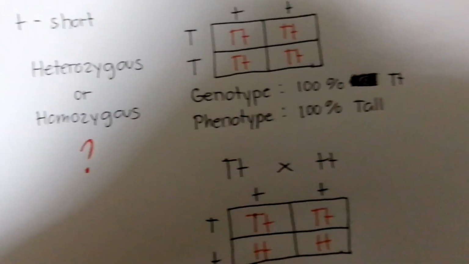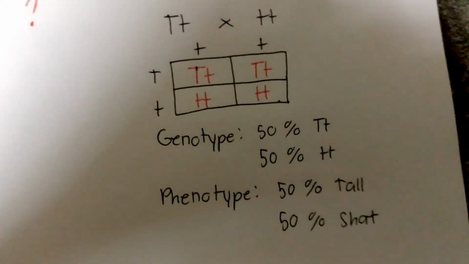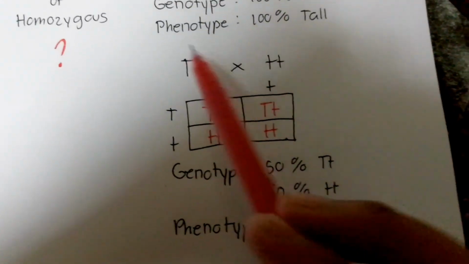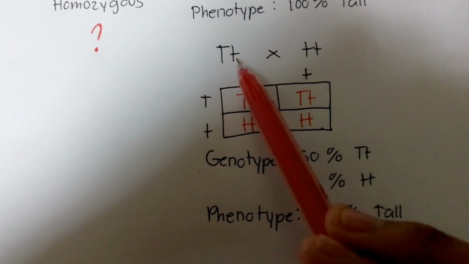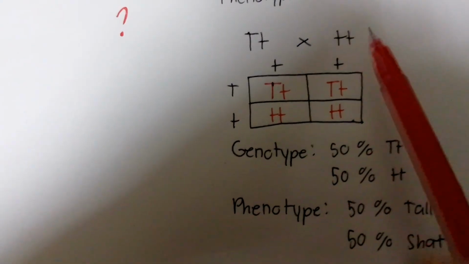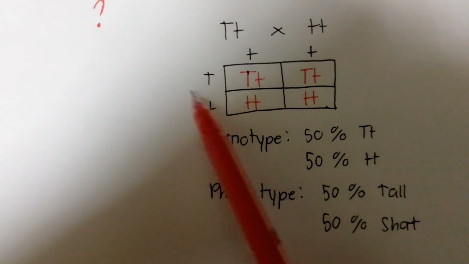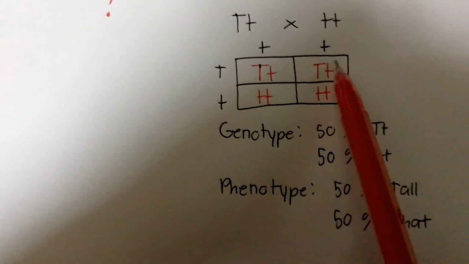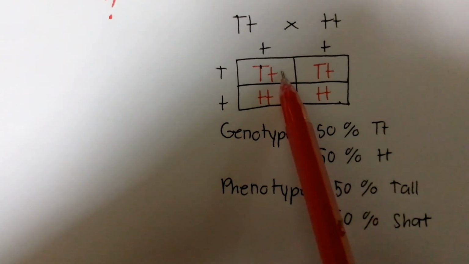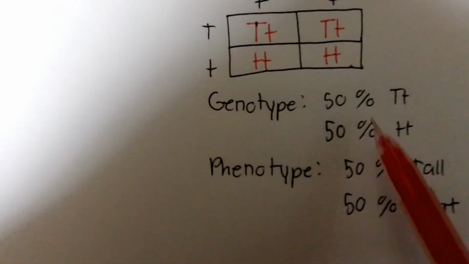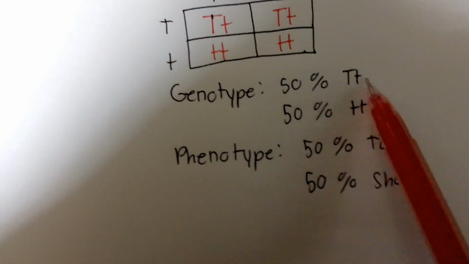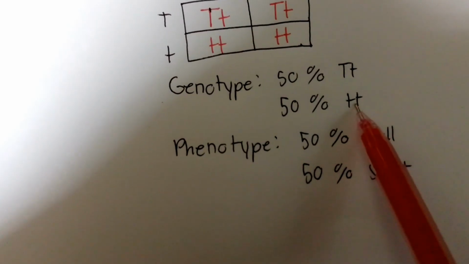So, that is not it. So you take the heterozygous dominant, capital T and small letter t, and cross it with the homozygous recessive. So the result here, two are heterozygous dominant, but here we have homozygous recessive, which means the genotype is 50% heterozygous dominant and 50% homozygous recessive.